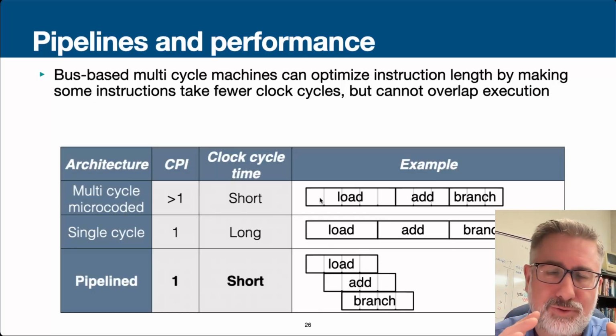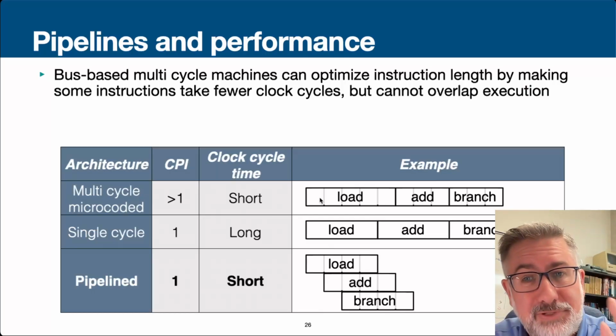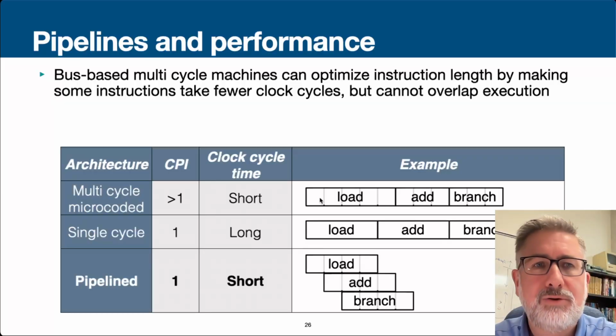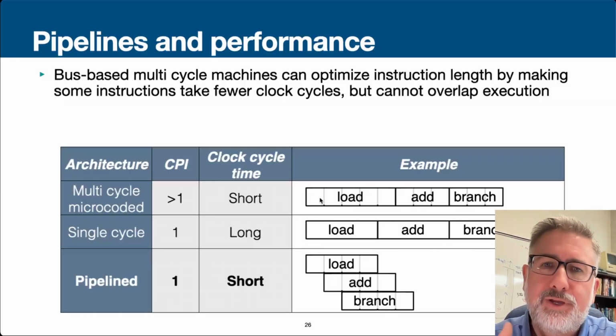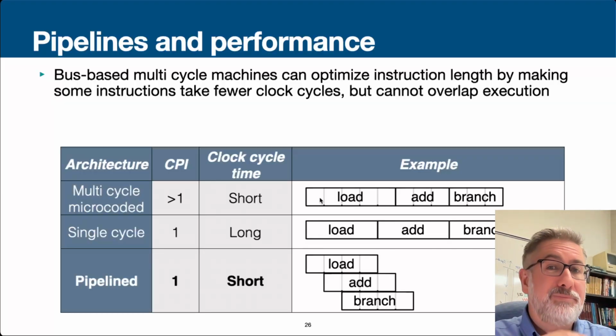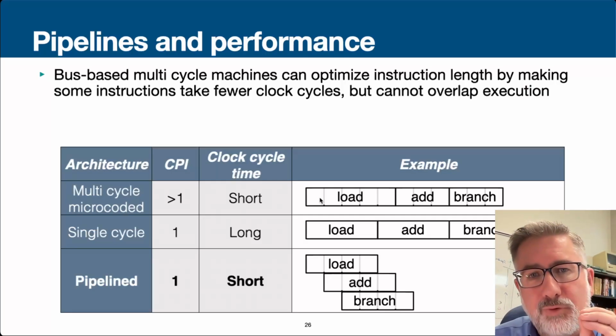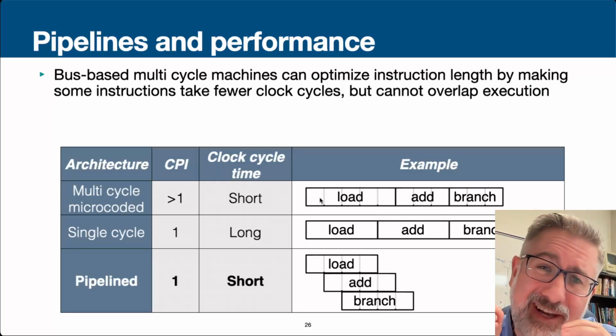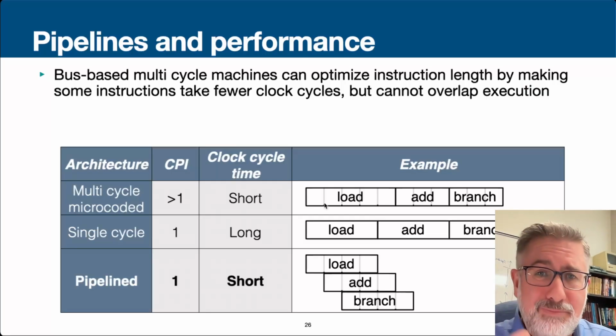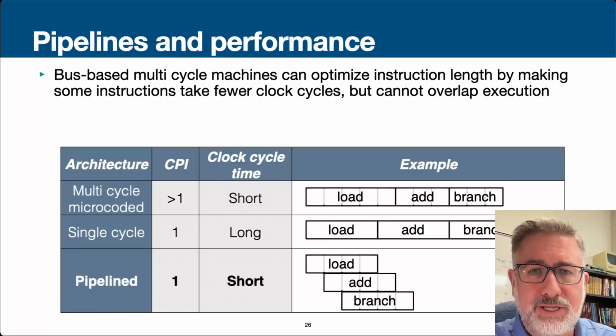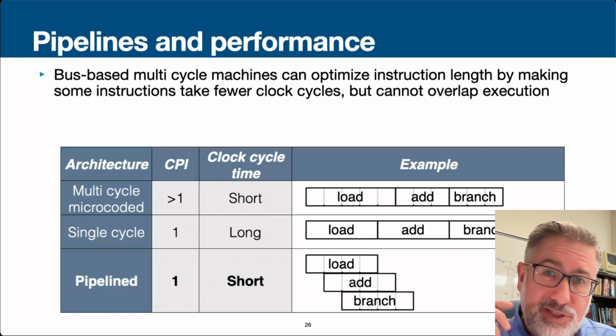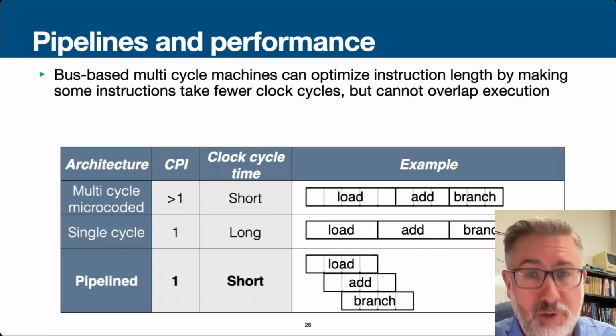And that allows us to, even though we're still only completing one instruction per clock cycle, vastly improve the performance of our machine because while we're waiting for execution to happen, we can get the next thing ready to go. So this is the main benefit to pipelining machines: we get improvements over not just single cycle machines, but also over multi-cycle machines.